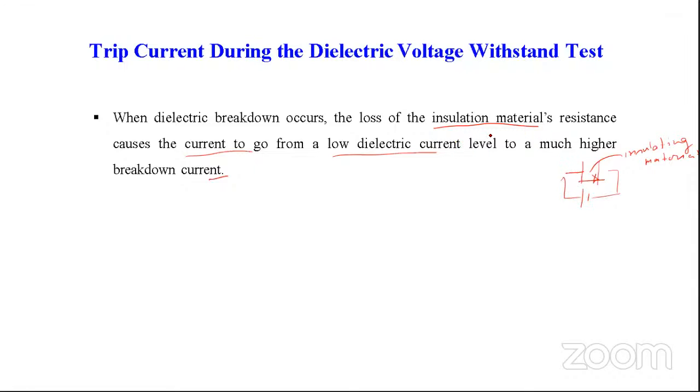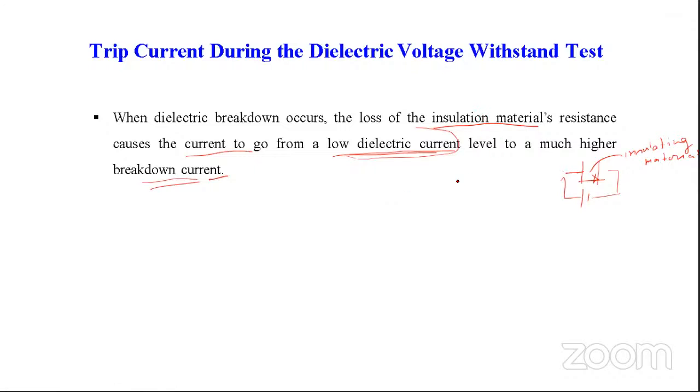So that is written here: the resistance causes the current to go from a low dielectric current level to a much higher breakdown current. Normally the insulator offers very high resistance, so a very low value of dielectric current flows at the normal voltage level.